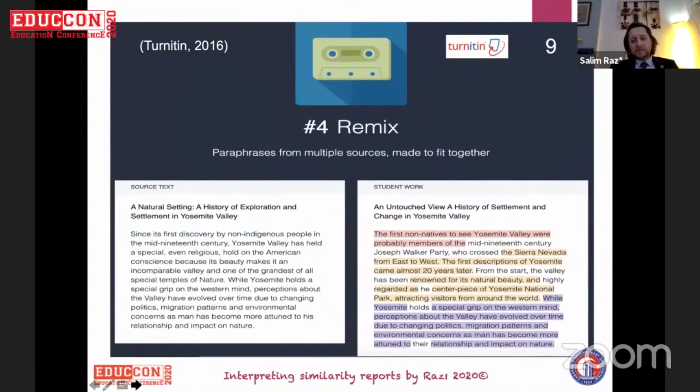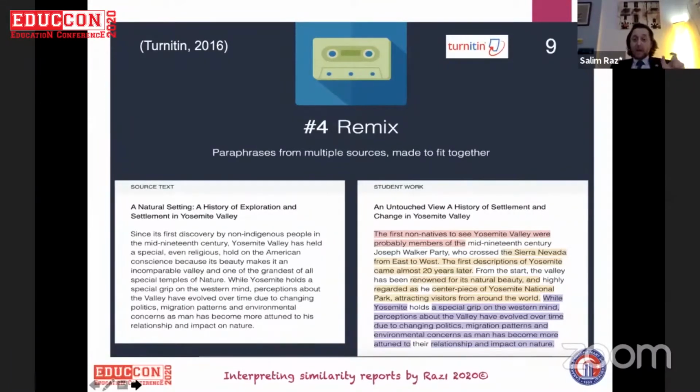The remix type is the fourth one. And here what happens, as you see, is that in the previous three examples, the matches were all coming from a single source. However, this time we see three different colors. What does it mean? It means that the student submission is matched with three other different submissions existing in the database.